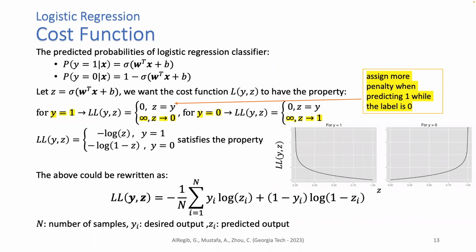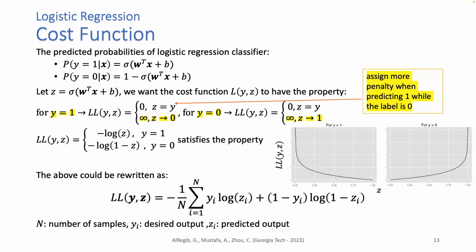You can plot these. On the x-axis I have z. In this plot, when y equal to 1, as z approaches 0, the penalty or the cost is very, very high. As I approach 1, the penalty will be 0, very small. And vice versa. If y equal to 0, again I have z between 0 and 1.